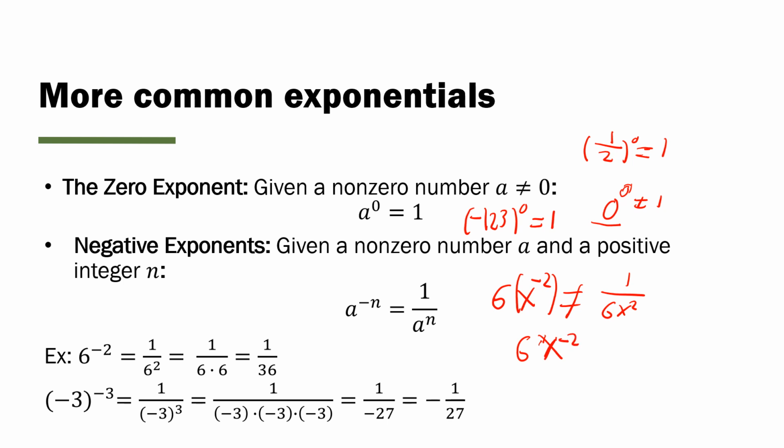So this would actually be equal to 6 divided by x squared. Now if this was 6 to the power of negative 2 times x to the power of negative 2, then we could write 1 divided by 6 squared x squared. So just keep in mind that. We'll go over many properties soon in the next slide.